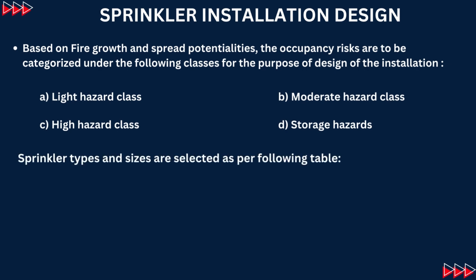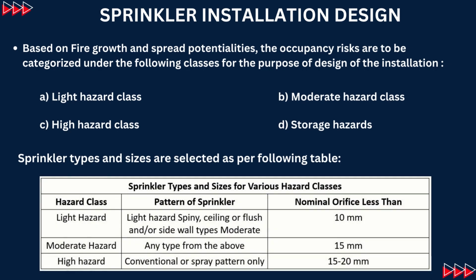Sprinkler types and sizes are selected based on the hazard as per the following table. If the hazard class is light, the sprinkler pattern shall be spray, ceiling or flush, and or side wall type.